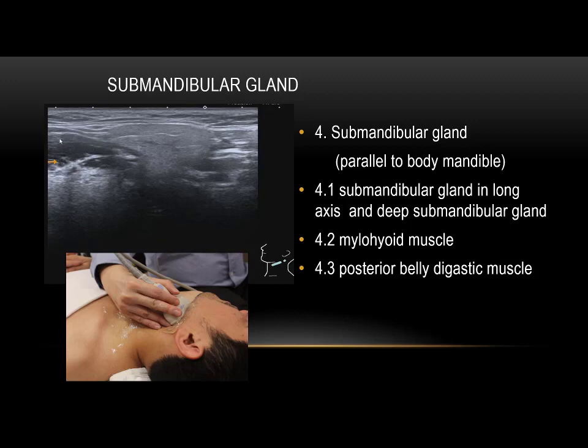This is the mylohyoid, and then there's a linear muscle belly anterior to the submandibular gland. This should be the anterior belly of digastric muscle, and if you tilt the probe up and down, you can see the connection between the posterior belly and anterior belly as a sling across the submandibular gland.